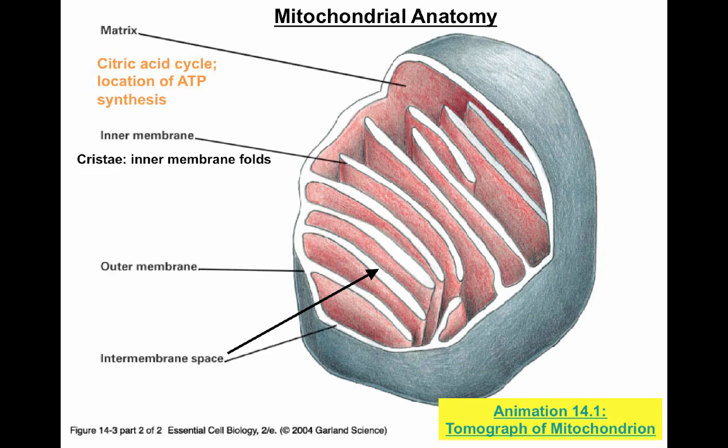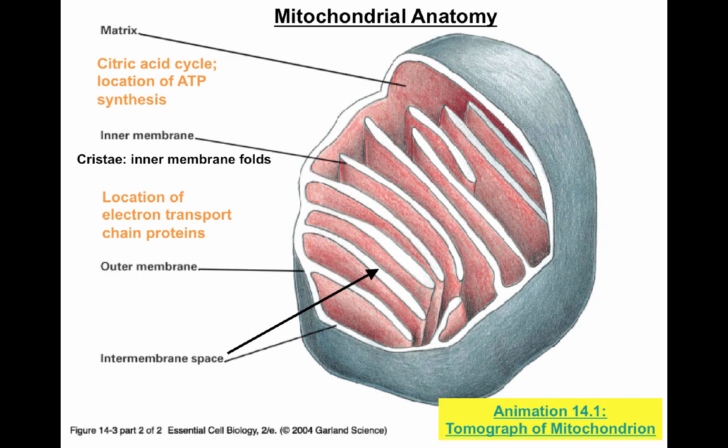So what we have is the matrix, which is the cytoplasm of the mitochondria, the area where the citric acid cycle occurs. The enzyme ATP synthase is located actually at the inner membrane area.